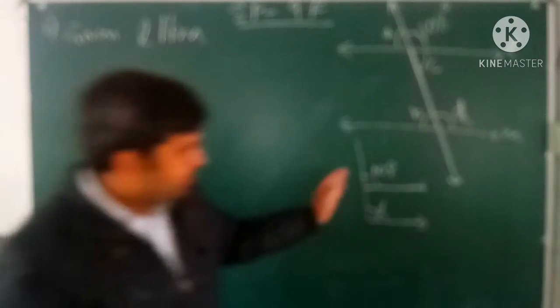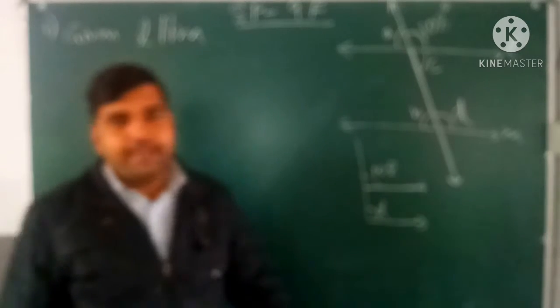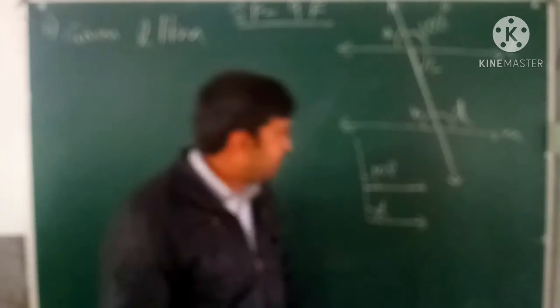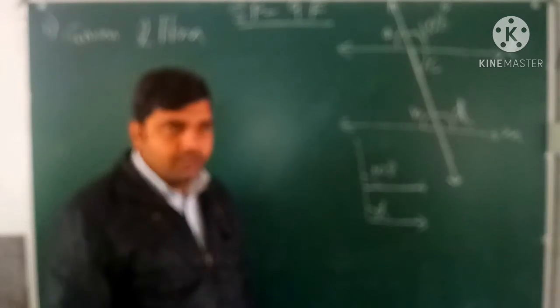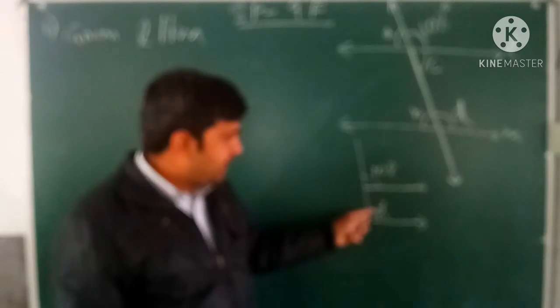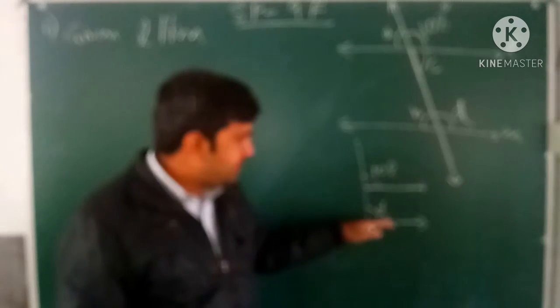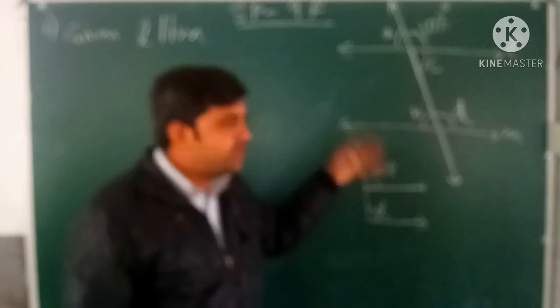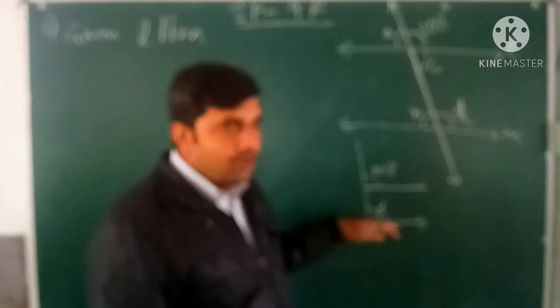These two are parallel, this is the transversal and that is the angle D. So you can see both angles are on the same side of the transversal, so these two form a corresponding pair. Whenever the letter F is constructed, it forms a corresponding pair. One angle is between the parallel lines, inside the parallel lines, and another is outside the parallel lines. So angle D is equal to 108 degree.